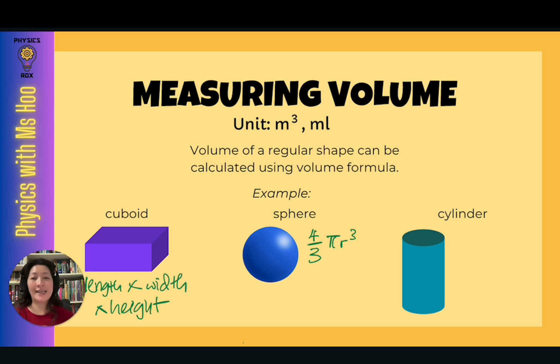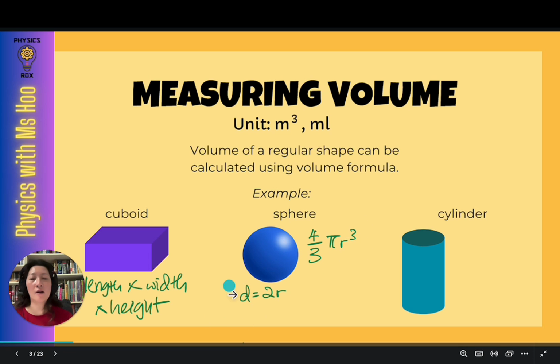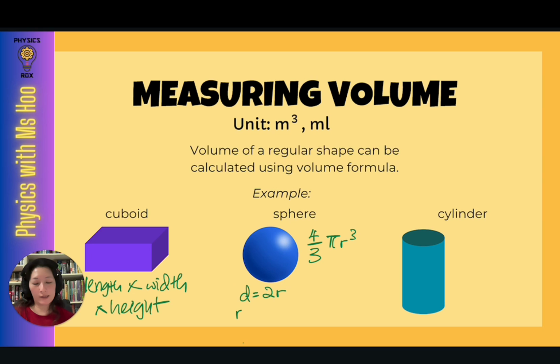Now in reality, we normally are not able to measure the radius of a sphere. Rather, we would measure the diameter. So if d was a diameter and r was the radius, we already know that diameter is double that of radius, or d equals 2r for short. So if you want to replace r with d in this case, that means we would write r equals d over 2. So the substitution in this case is 4 over 3 pi (d over 2) cubed.